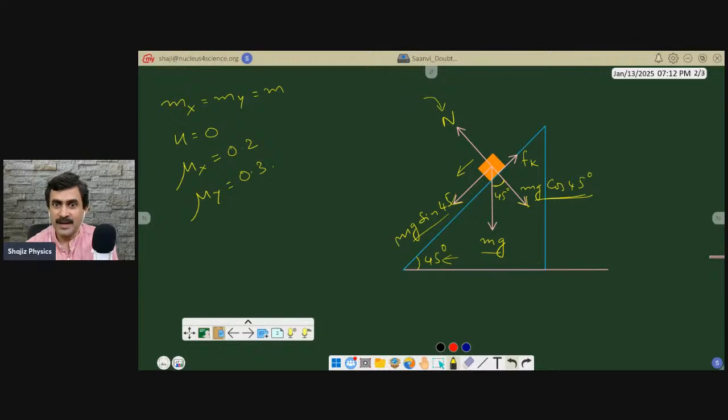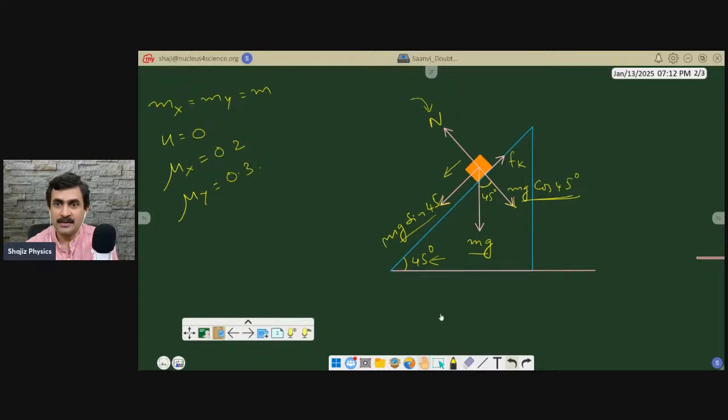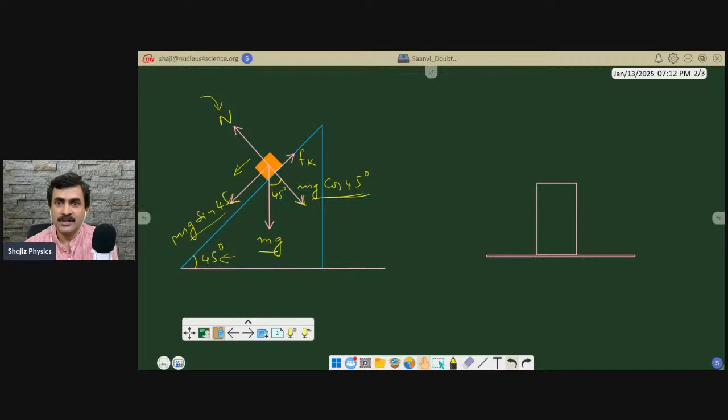Let me explain that concept with the help of another situation. Consider this particular box. I wanted to show you something else. One person is trying to push the box like this. Another person is pushing the same box from the other side.